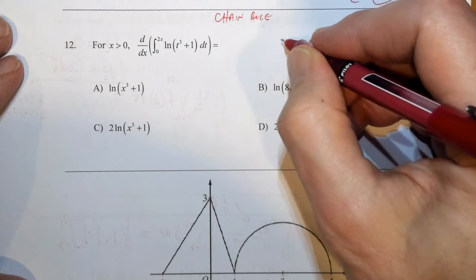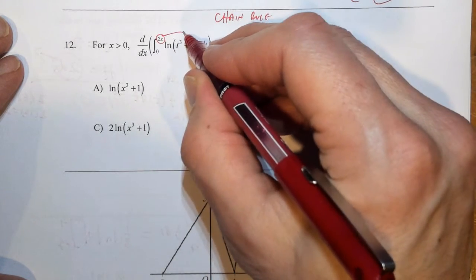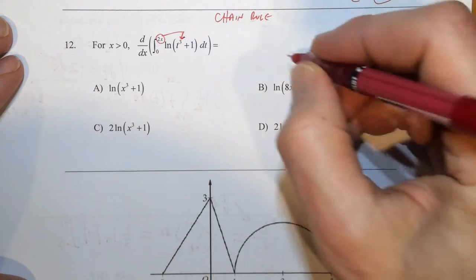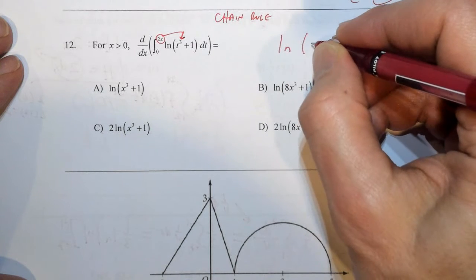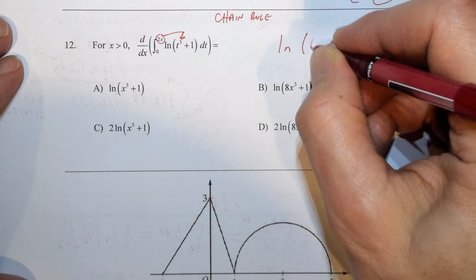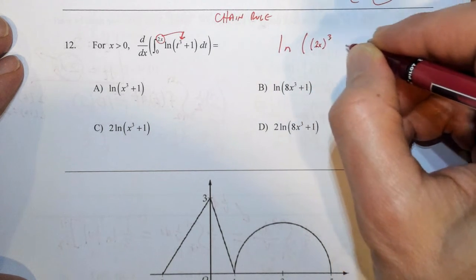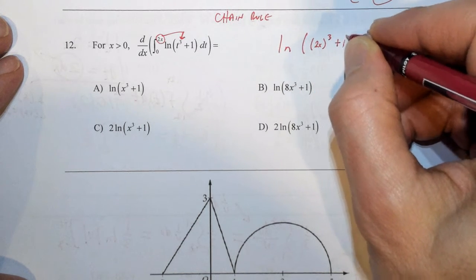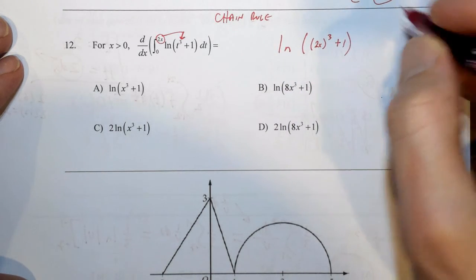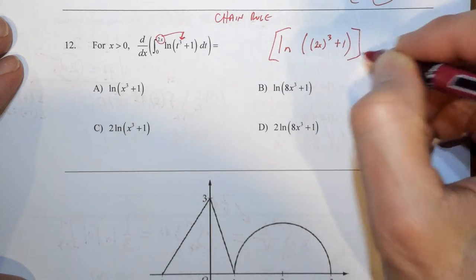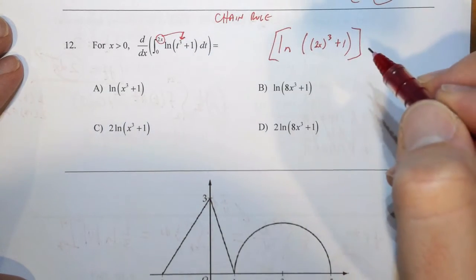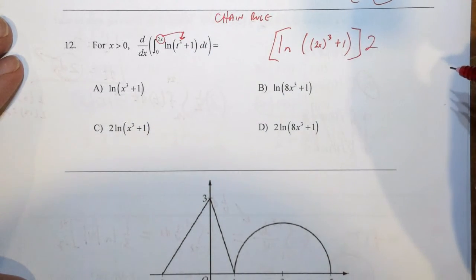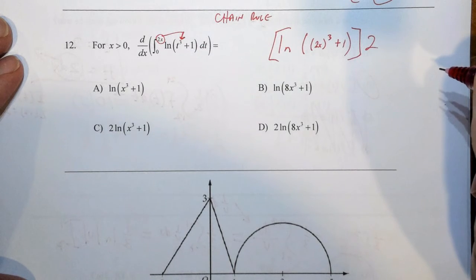All right, so for starters, we plug the 2x in for t. So we have natural log of the quantity 2x cubed plus 1. All right. And we're going to take that whole thing and multiply it by the derivative of 2x, which is 2. Okay.